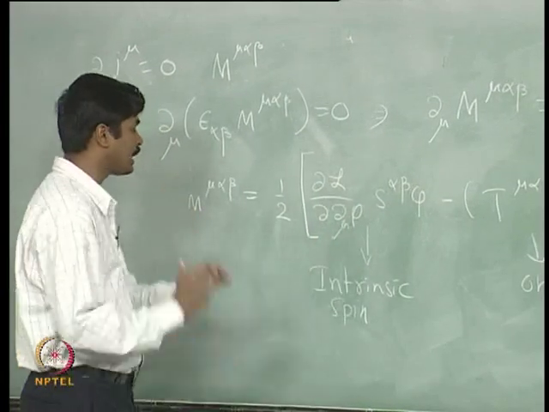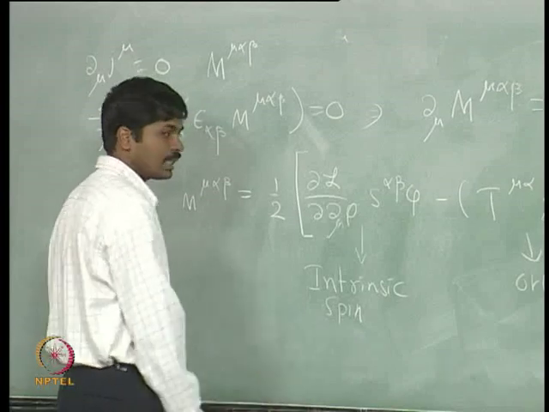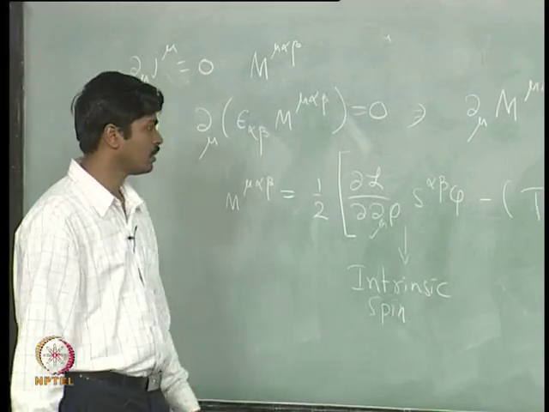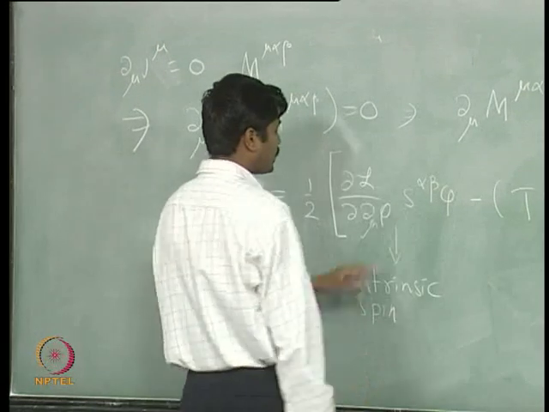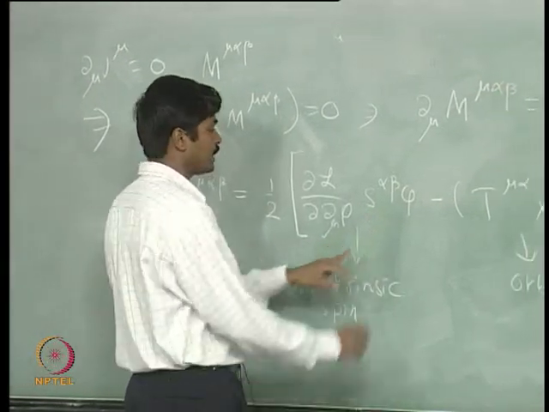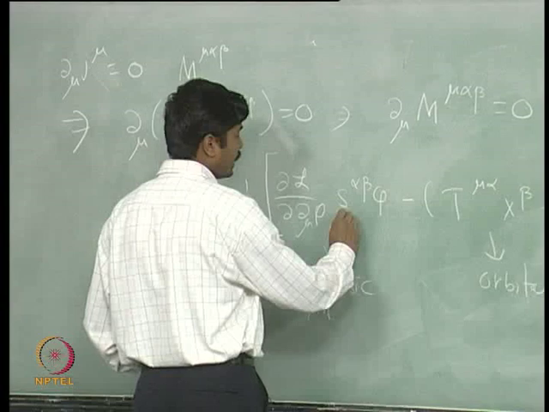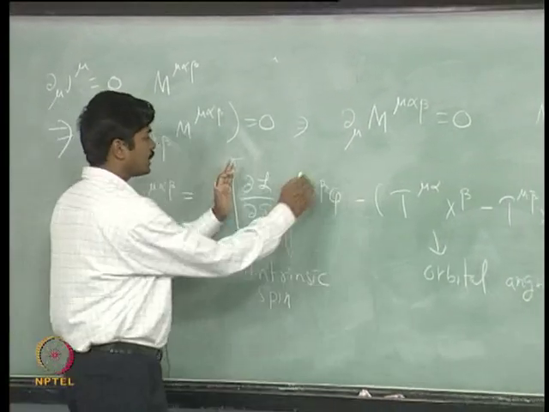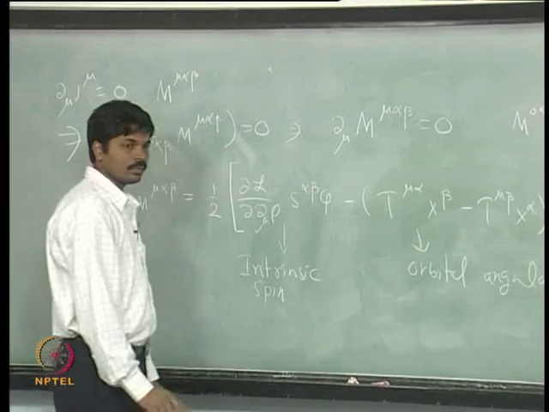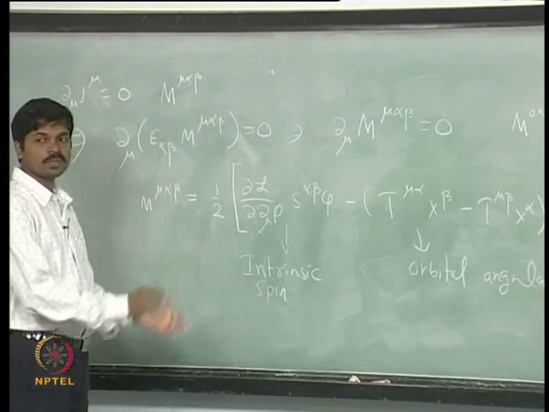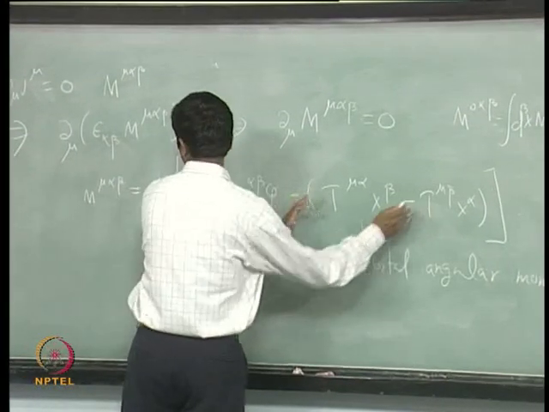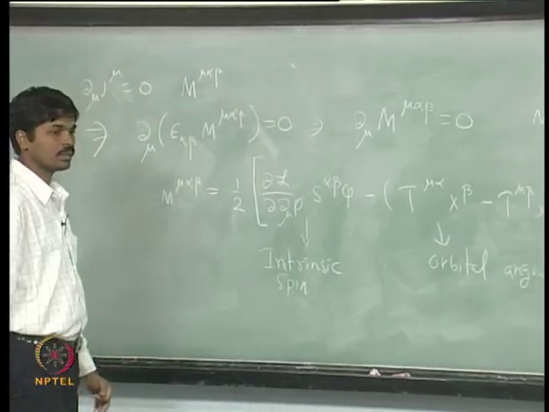That is why the quantities which are scalar under Lorentz transformation have spin 0, and whether you have a spin 1 or spin half field etc. is determined by how the field transforms under Lorentz transformation. This is the term which basically defines what the spin of the field is, and the sum of the spin and orbital part is conserved.